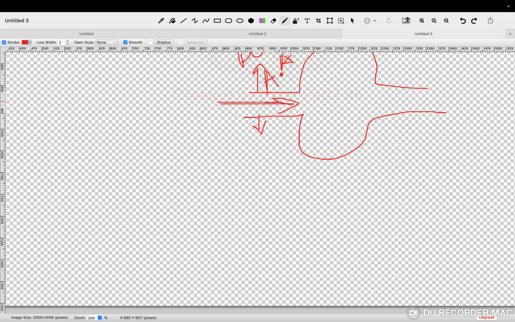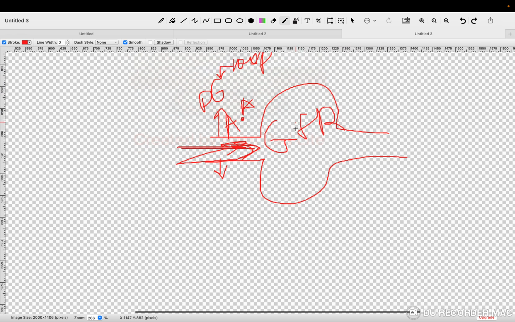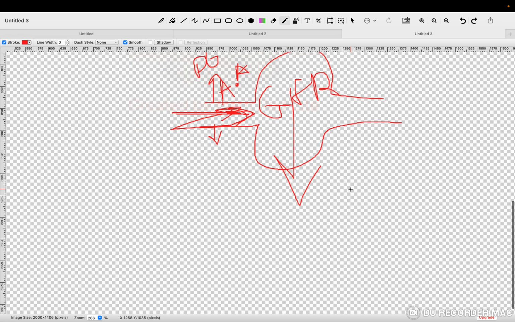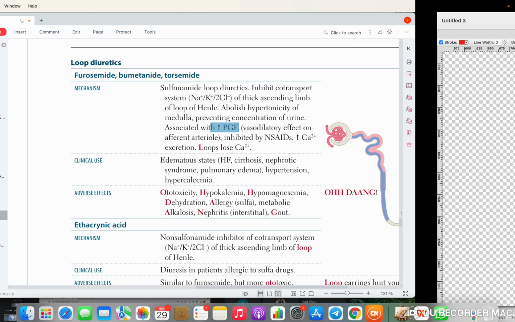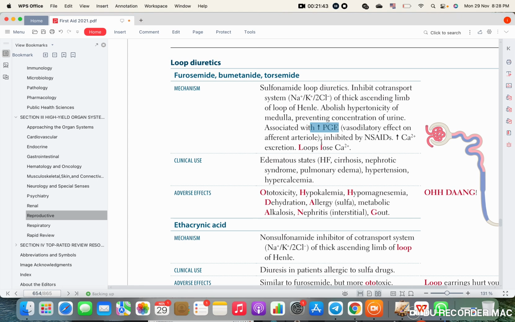If this one is bringing too much blood, and this is still the same, what will happen to the GFR? Up. Filtration fraction? Up. When filtration fraction is up, amount of urine? Excellent. Good.